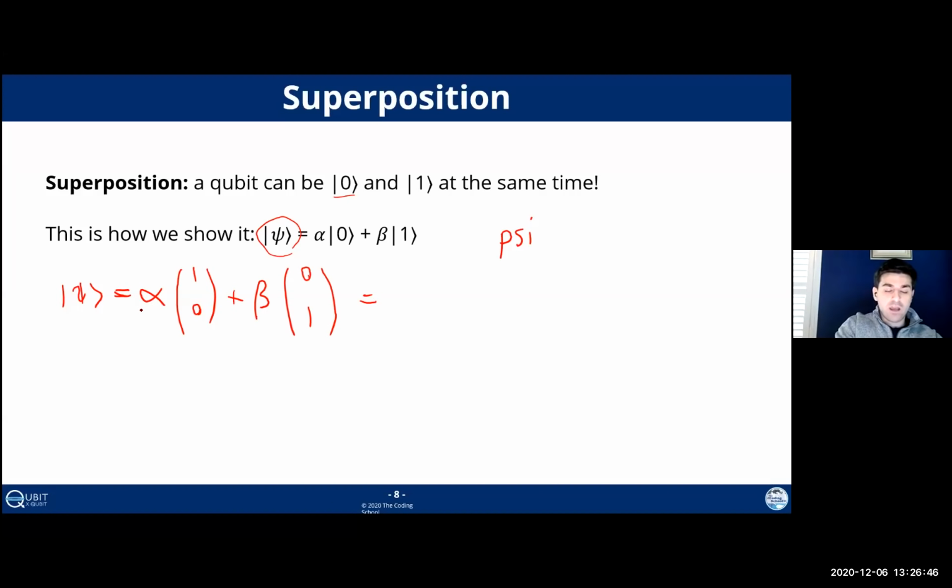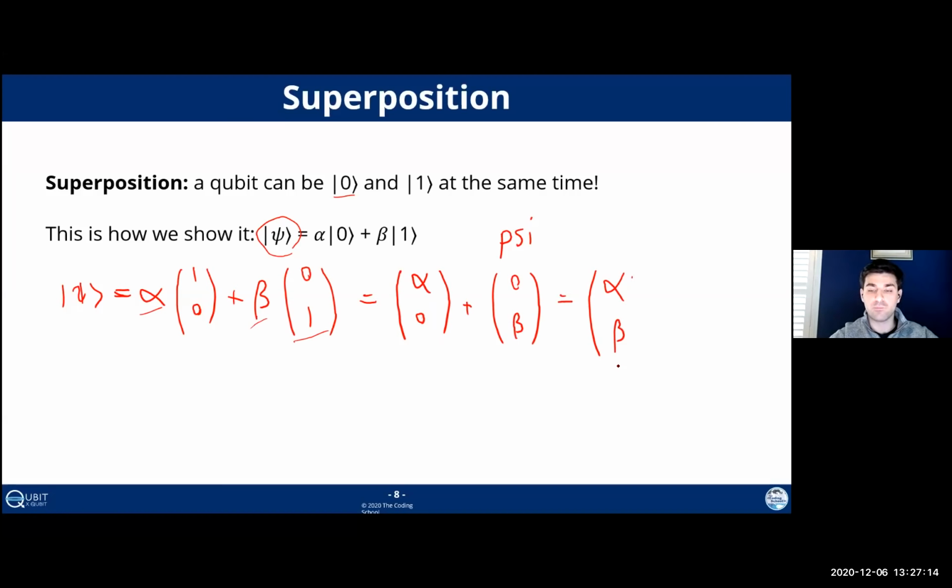I can multiply this scalar by this vector, and what I end up with is alpha, 0. Then I multiply beta by the corresponding vector, and I end up with 0, beta. Of course, I can add two vectors together: I add the top element to the top element and the bottom element to the bottom element. So here I end up with alpha on top and beta on the bottom.